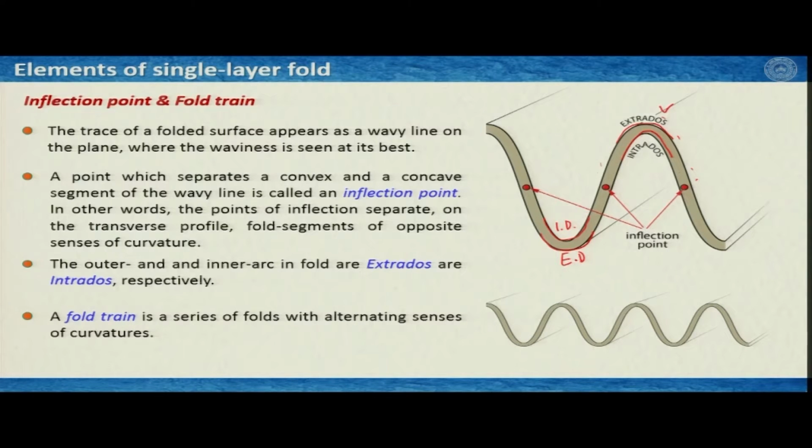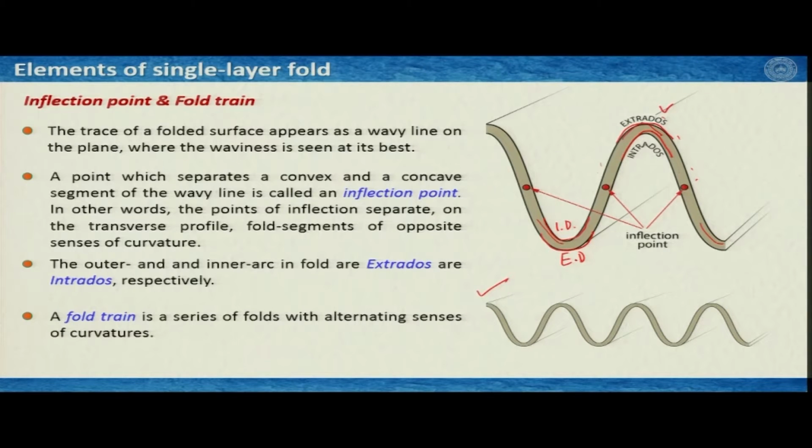Now, if you have a series of folds with alternating senses of curvatures, like a series of concave and convex and then again concave and convex layers, moving on from one point to another as shown here in this illustration, then it is known as a fold train.